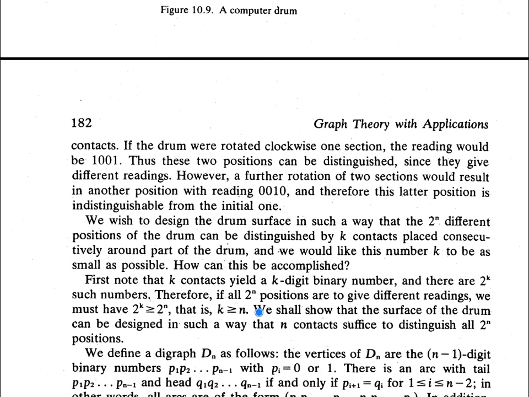Okay? These are the vertices, so n-1 tuples. Okay? And you put an arc with which vertices do you connect by an arc and in which direction? It may sound strange.